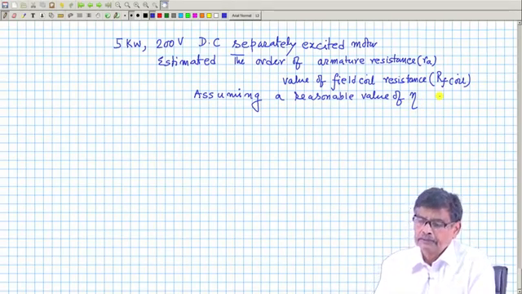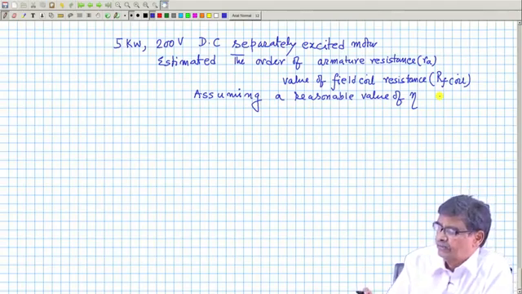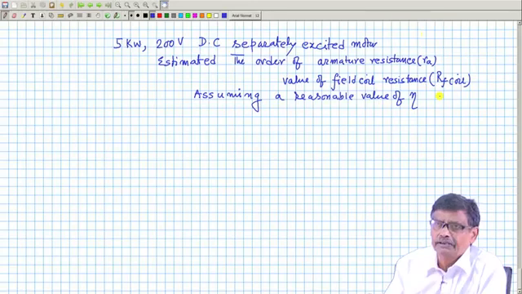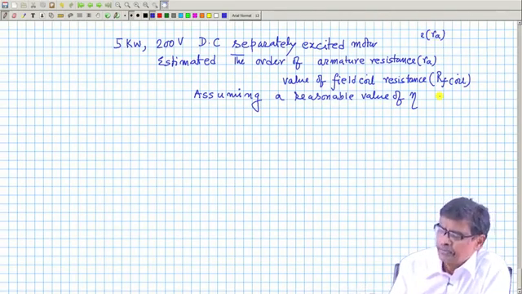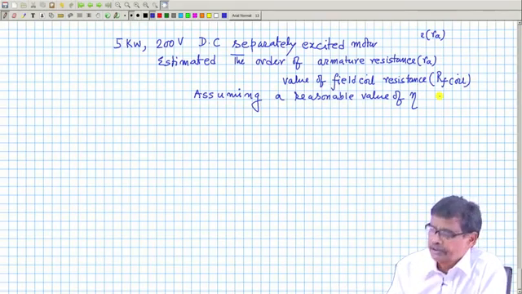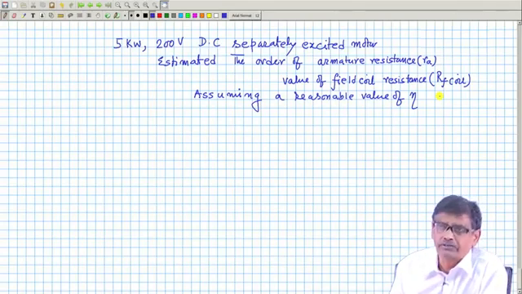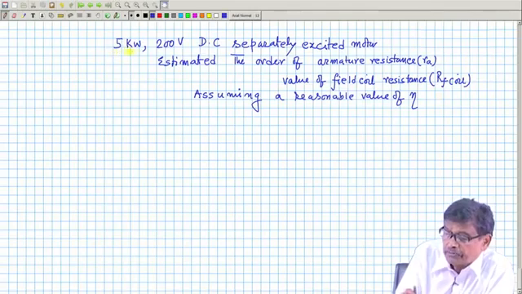So it gives me a fair idea of the order of the resistance. The order of the armature resistance, now we are sure, is low. If it is a 5 kilowatt machine, I am sure it will be 0.5 ohm or thereabouts. Field coil resistance will be of the order of hundreds of ohms for a 5 kilowatt machine.